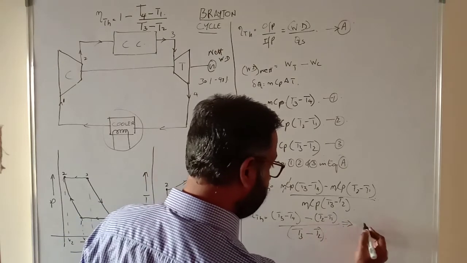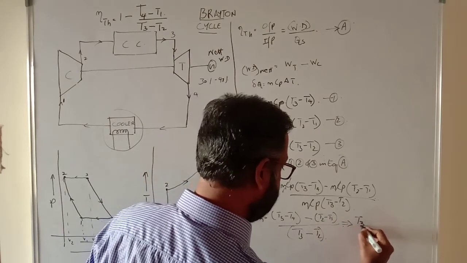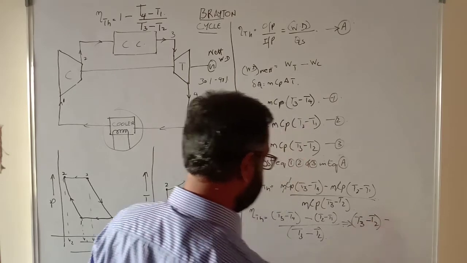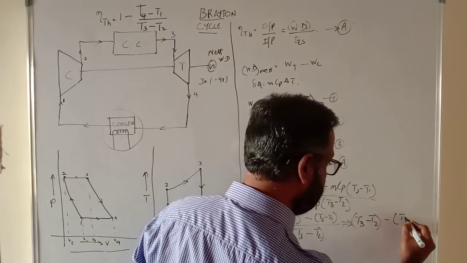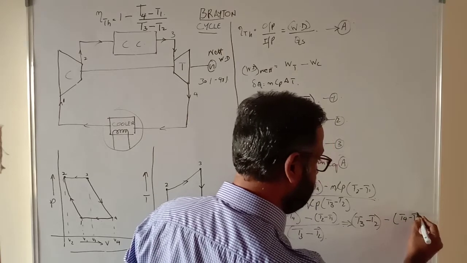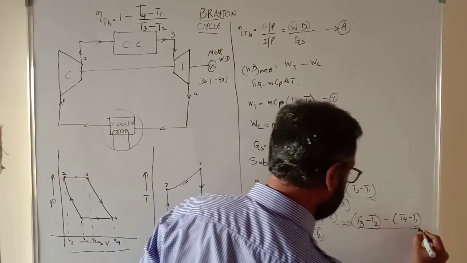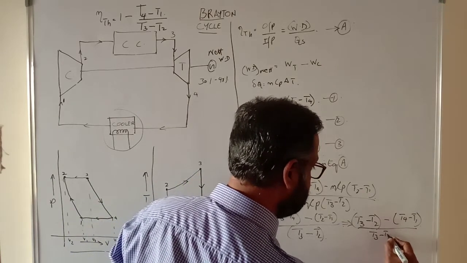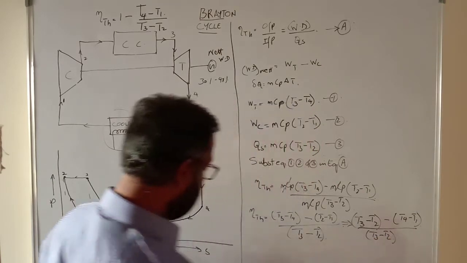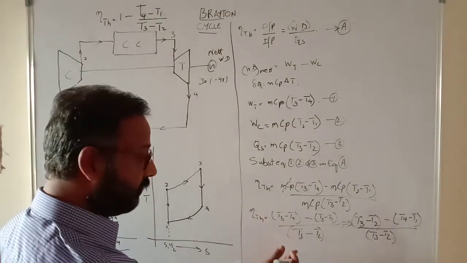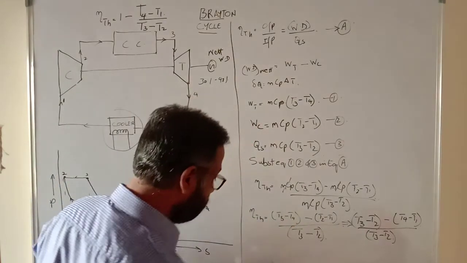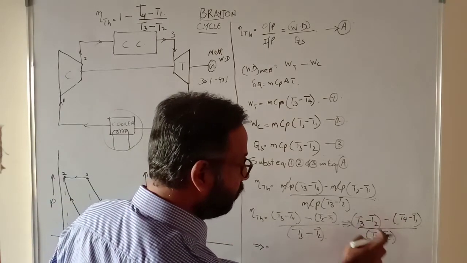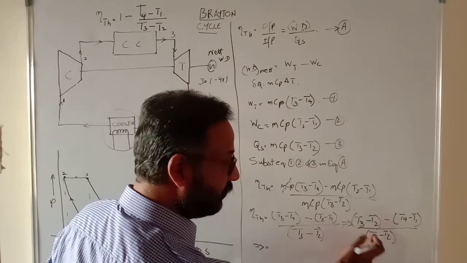So I can write this numerator again as T3 minus T2 minus T4 minus T1, the whole divided by T3 minus T2. I can further simplify this equation. I can write it as again T3 minus T2. You can see that both numerator and denominator contain these functions together.